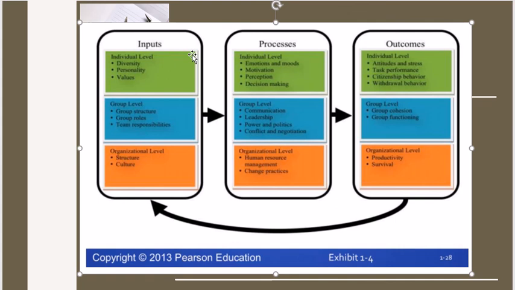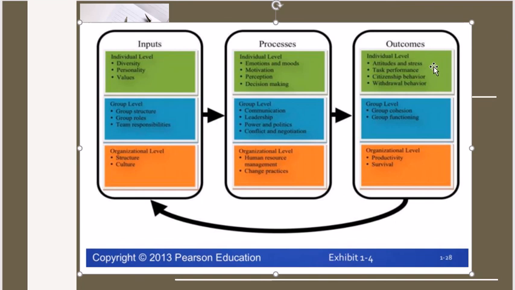So, if you notice, in our processes, for every different color, for example, the individual, this is its process. And this will be the outcome. So, what we measure or test for the different processes of the individual level are emotions and moods, how they are motivated, their perception of the organization, and their decision making. So what will be the result?